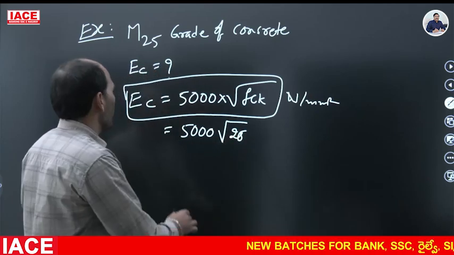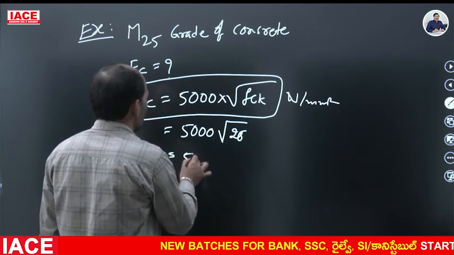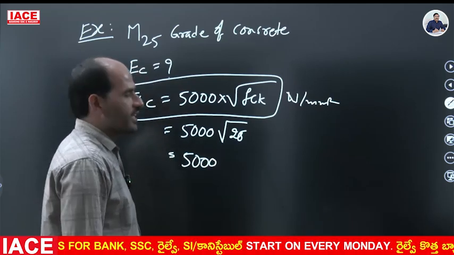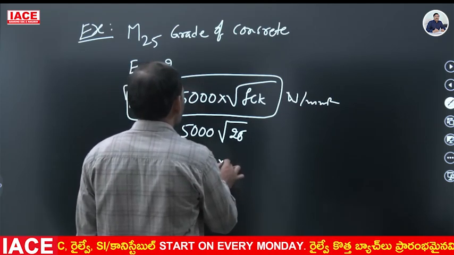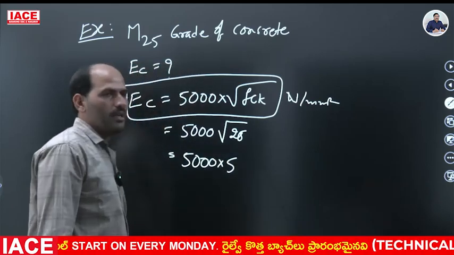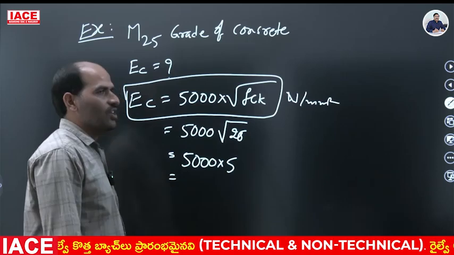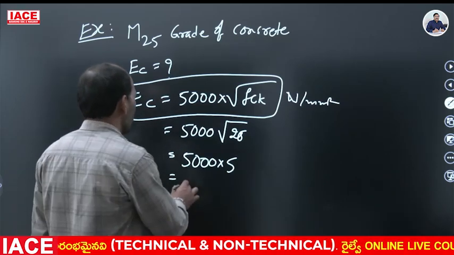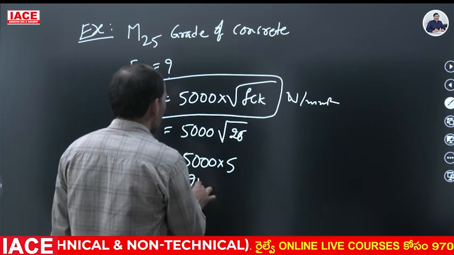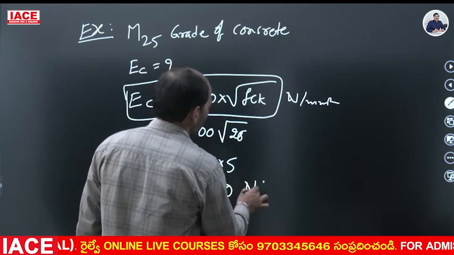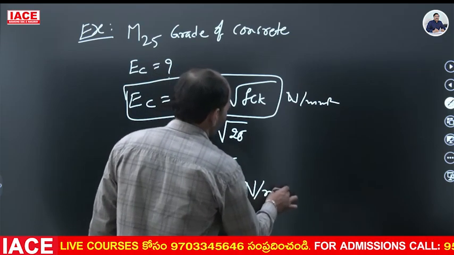Root 25 value is 5, since 5 fives are 25. So 5000 into 5 is 25,000 Newton per mm square.